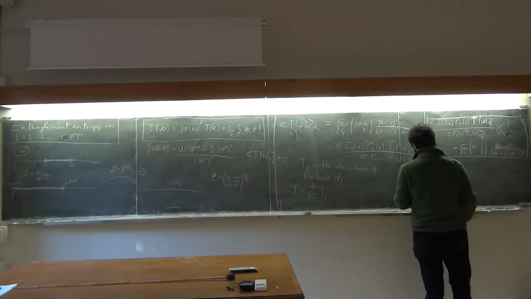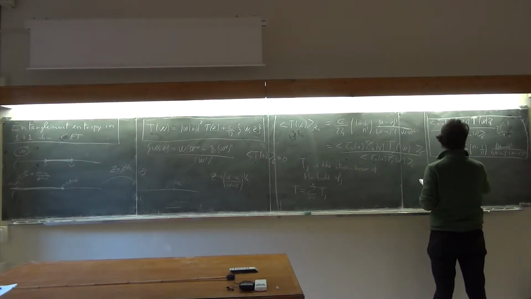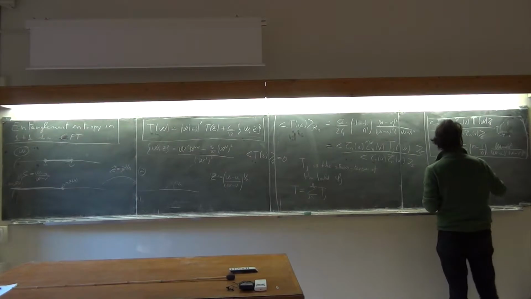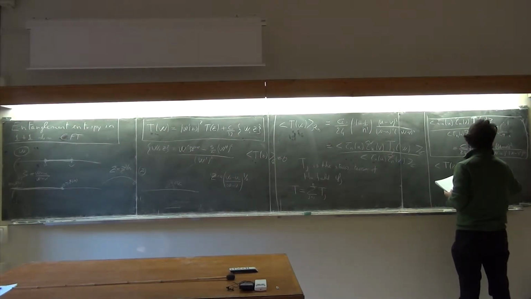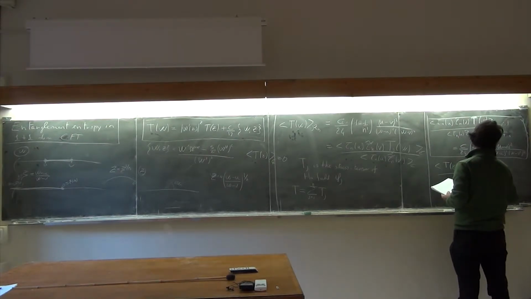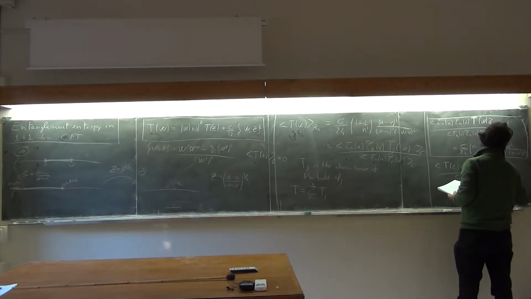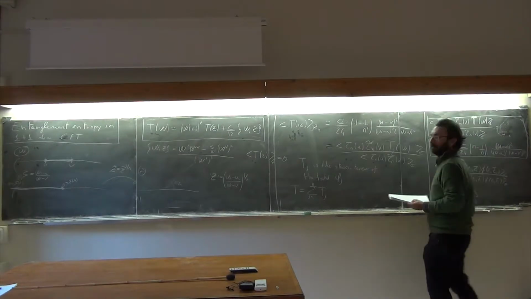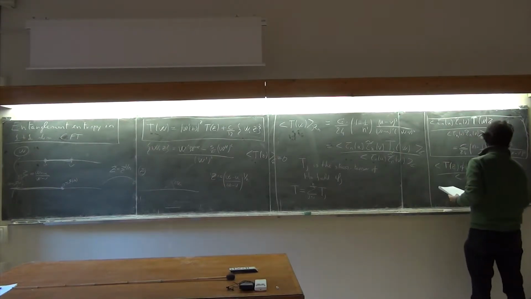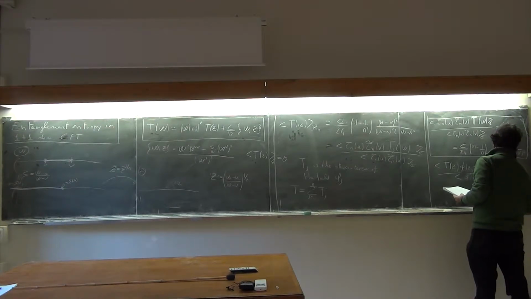If I have some primary field phi, the expectation value of the stress energy tensor times the primary field at z1 and z2, divided by, always on the complex plane, phi phi, is equal to delta, the scaling dimension of the field, let's call it delta phi, (z1 minus z2) squared divided by (z minus z1) squared (z minus z2) squared.